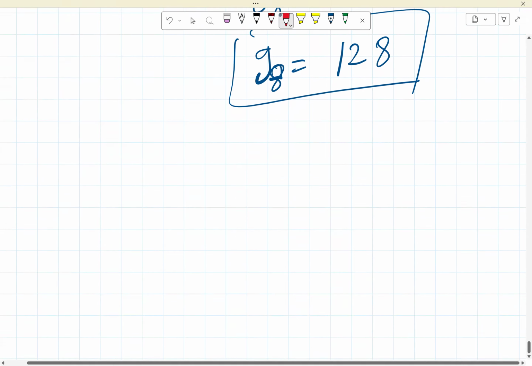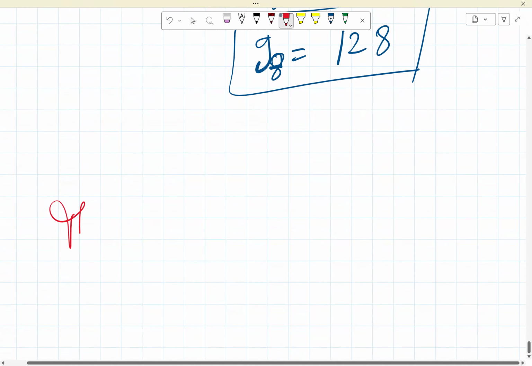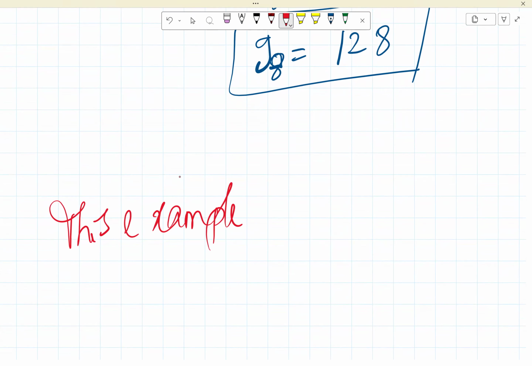So what do we say here? In this example, the answer is 128.